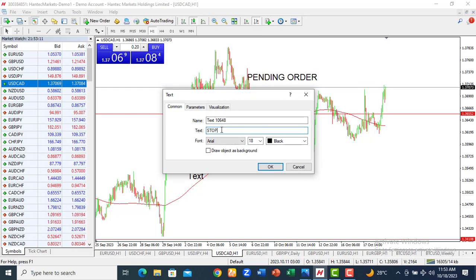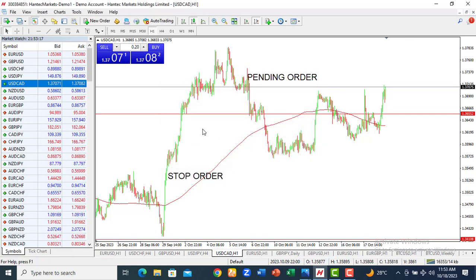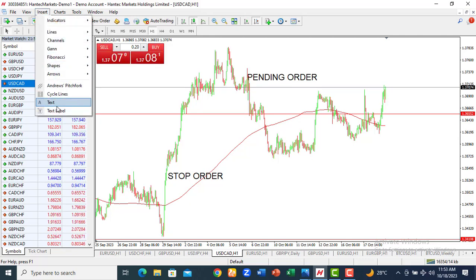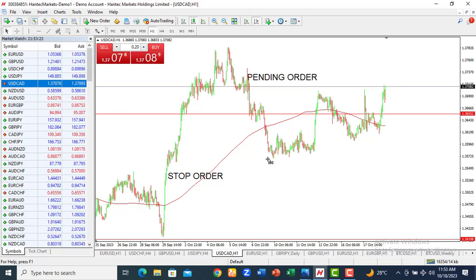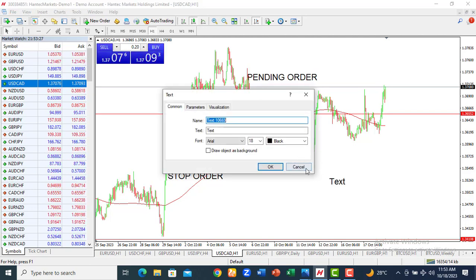And we also have the second one, known as the limit order. Now, this is going to be explained properly to you right now.